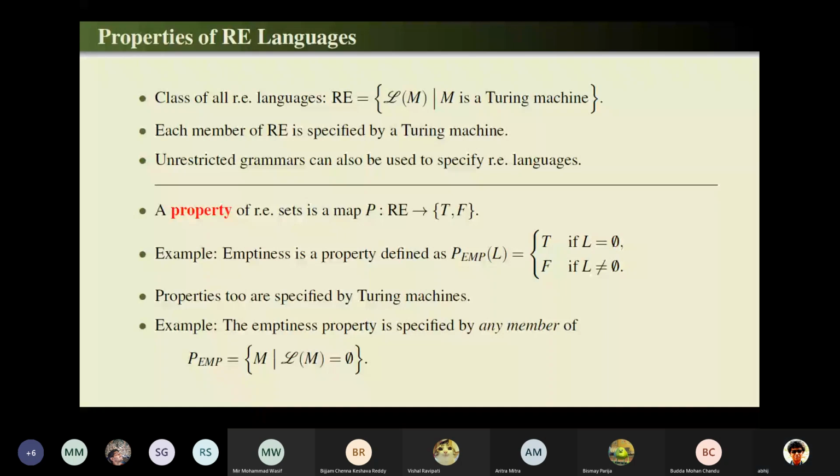Yeah. This is fine, right? The emptiness property is specified by any Turing machine whose language is empty. And there are some other examples. Finiteness property, the set of all finite RE sets.